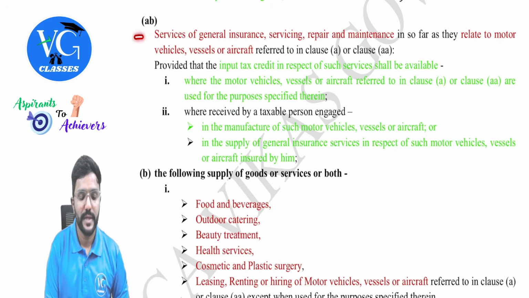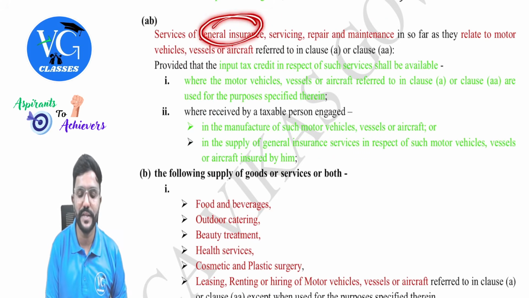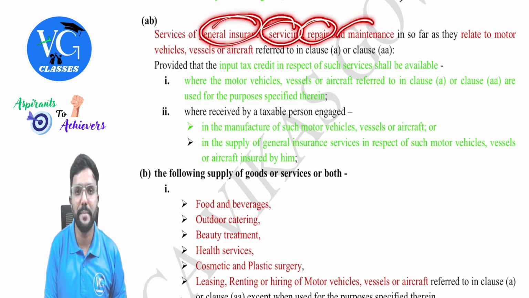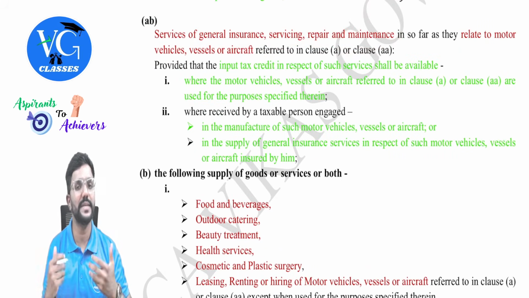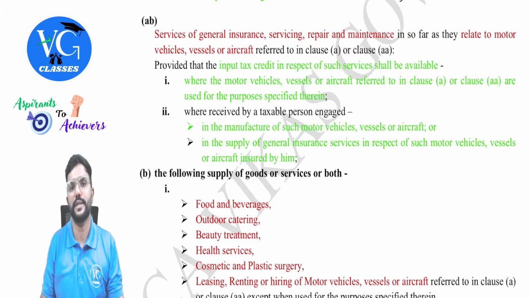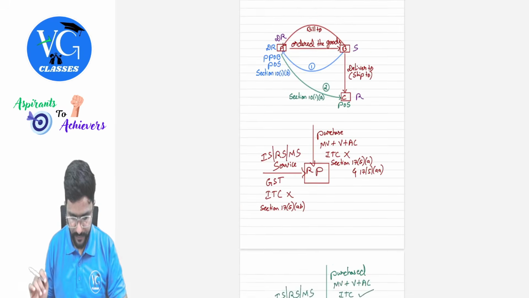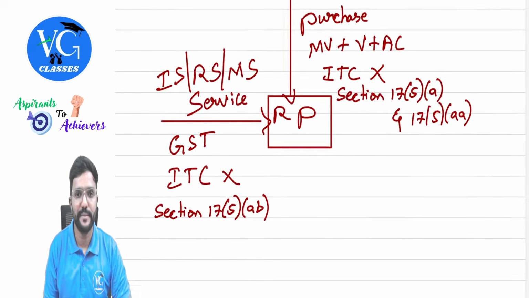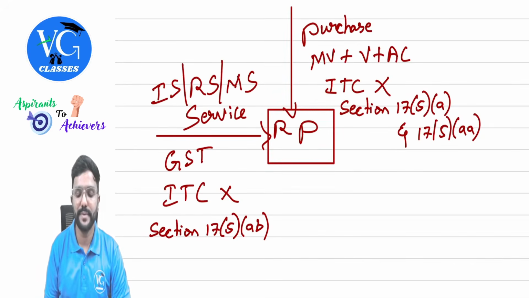Next, AB. Guys, on purchase of motor vehicle, vessels or aircraft, if credit is not available, then if I have taken any general insurance, services, repairs and maintenance on which I have paid GST, whatever GST has been paid, credit is blocked. Let me explain. Assume a registered person has purchased a motor vehicle or even a vessel or aircraft.